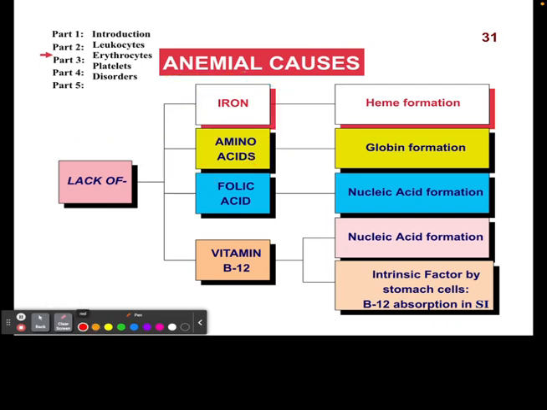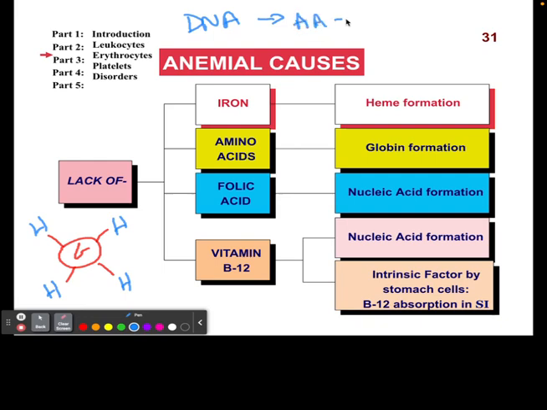Next up, to stick with what we were just doing: if we have DNA, DNA tells the body which amino acids we need, and then our amino acids are going to make the protein.